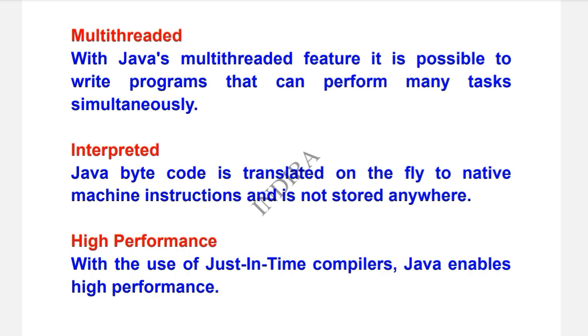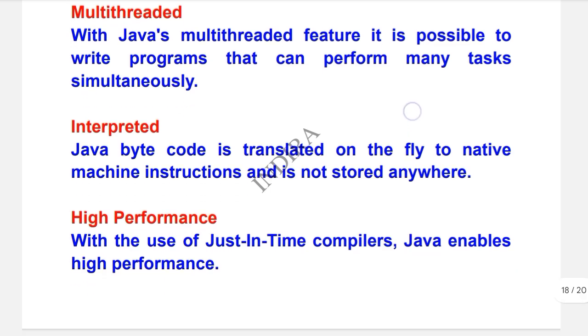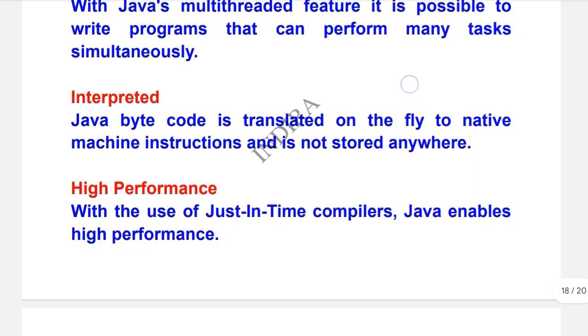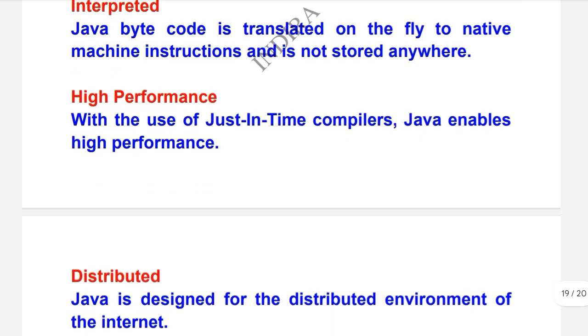That means the main native code, machine code, or the native Java software code is not stored in any way for security purposes. High performance: by using just in time compilers in Java, it provides more high performance.